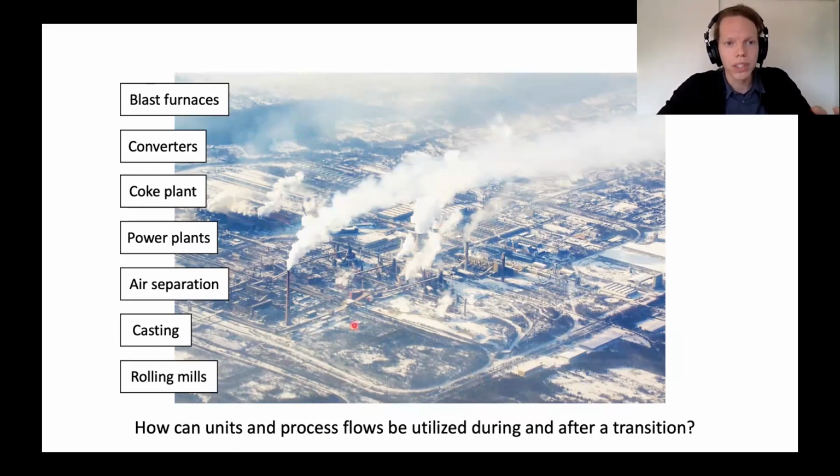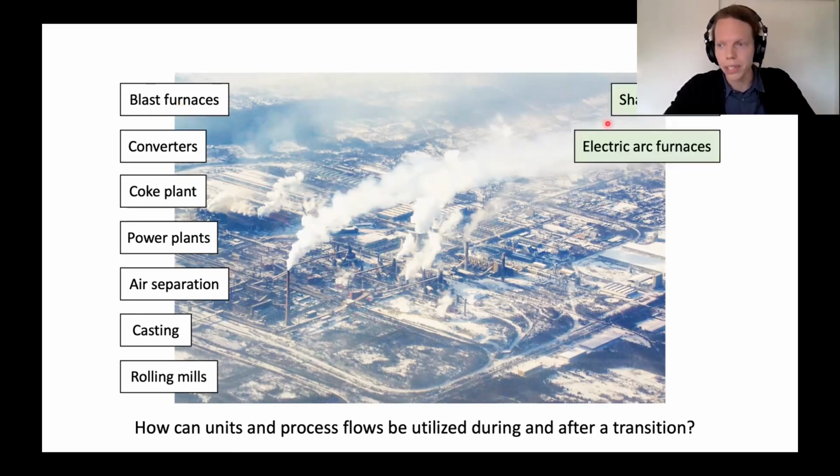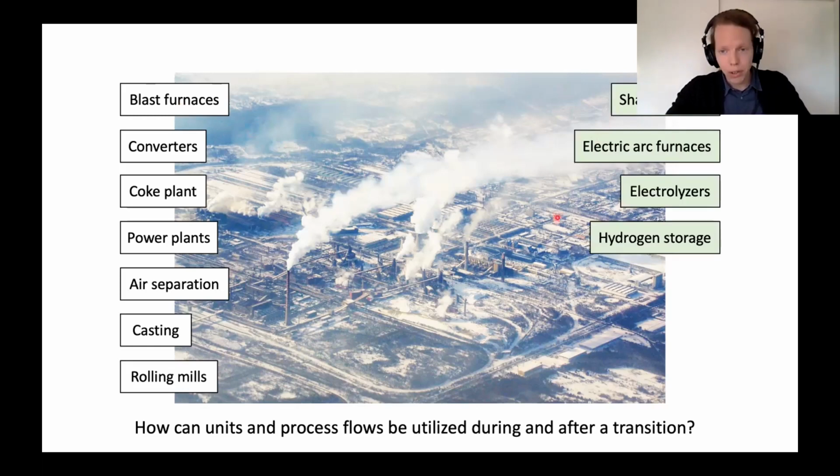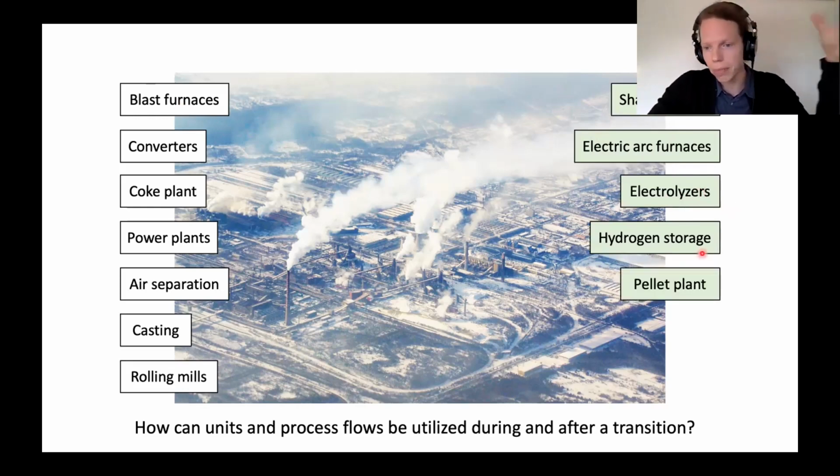So now, if we plan to replace two of these fundamental units in a steel plant with two different types of units, and maybe add other units like electrolyzers or other forms of producing hydrogen, hydrogen storage, maybe a pelletizing plant that would need another type of pellets for the iron ore, other than blast furnace pellets.